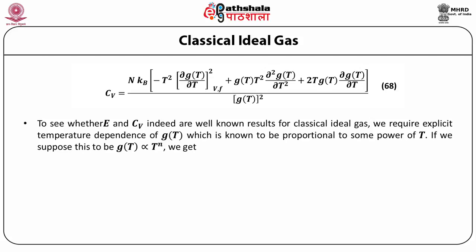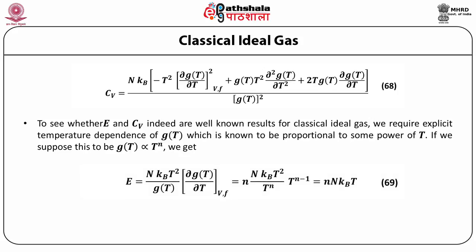If we suppose G(T) proportional to T raised to power n, we get internal energy N kBT square divided by G(T) multiplied by partial derivative of G(T) with respect to T at constant volume and constant fugacity is equal to capital N kBT square divided by T raised to power n multiplied by n times T raised to power n minus 1, which is equal to small n times capital N kBT.